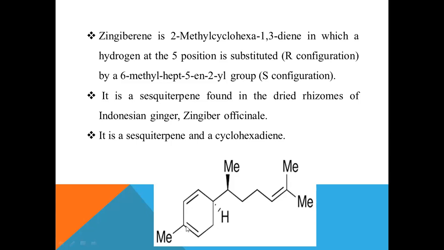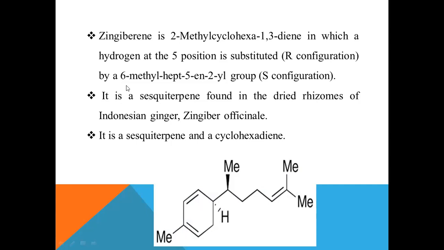In the first position there is 1 double bond, 1, 2, 3. In the third position there is another double bond, and in the 5th position there is a substituent. Starting from here, 1, 2, 3, 4, 5. The second carbon is carrying the methyl group and the 5th carbon is carrying the side chain.